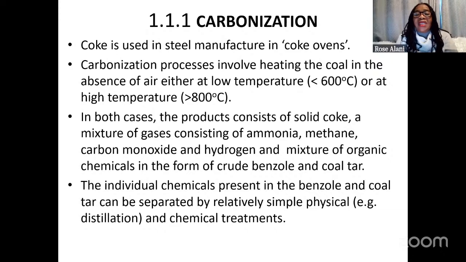So in both cases, that is either you heat the coal in the absence of air at low temperature below 600 or at higher temperature above 800, you will obtain solid coke. You obtain a mixture of gases consisting of ammonia, methane, carbon monoxide, and hydrogen, and a mixture of organic chemicals in the form of crude benzol or coal tar.